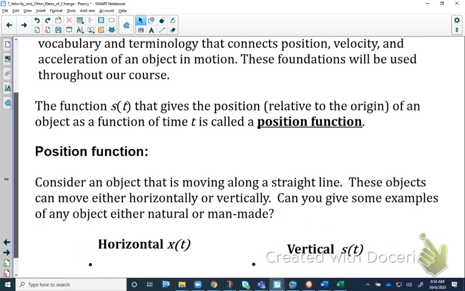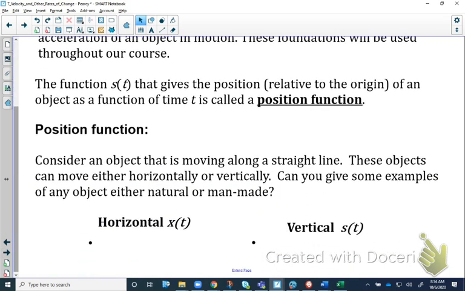The function s of t gives the position function relative to an origin as some function over time. That's a position function. And here, consider an object moving along a straight line. These objects move either horizontally or vertically. So horizontal or vertical motions, take a moment and think about things that could be horizontal or vertical.